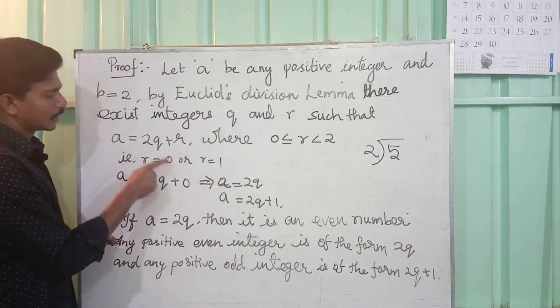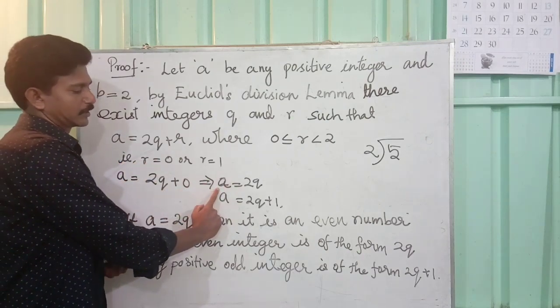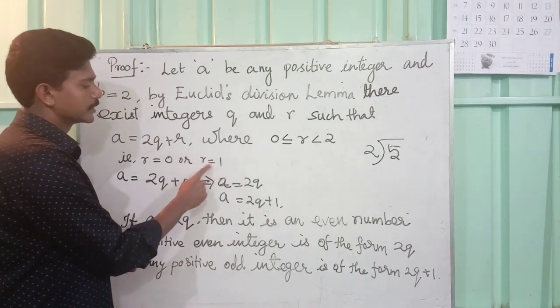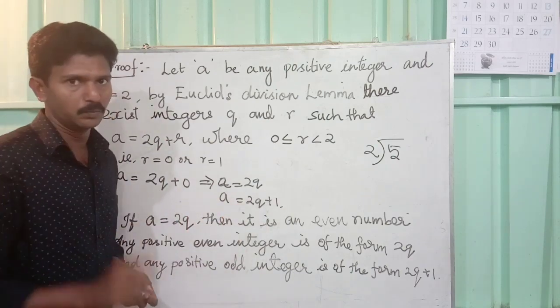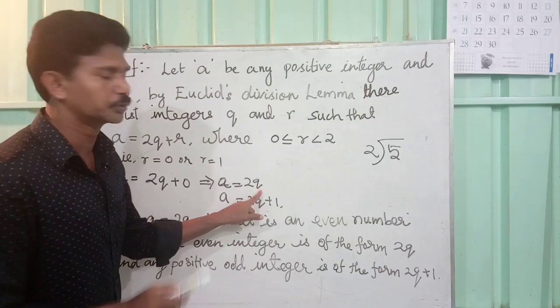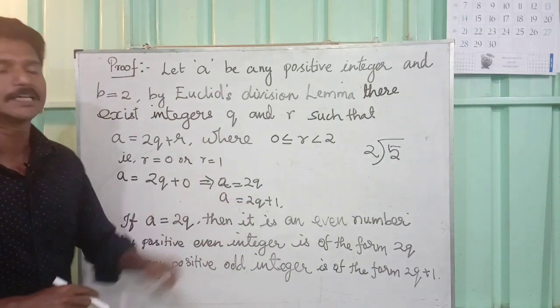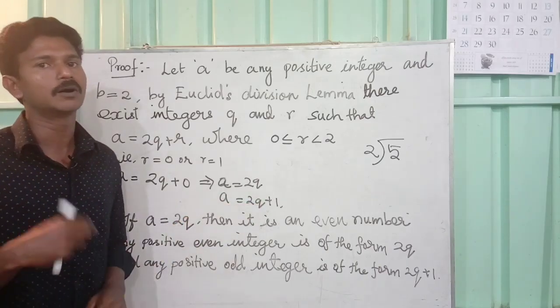So we can substitute the r value. First, if you substitute r as 0, we can write 2q plus 0, so a is equal to 2q. If you substitute r is equal to 1, we can write a is equal to 2q plus 1. If a is equal to 2q, then it is an even number. If a is equal to 2q plus 1, that is an odd number.